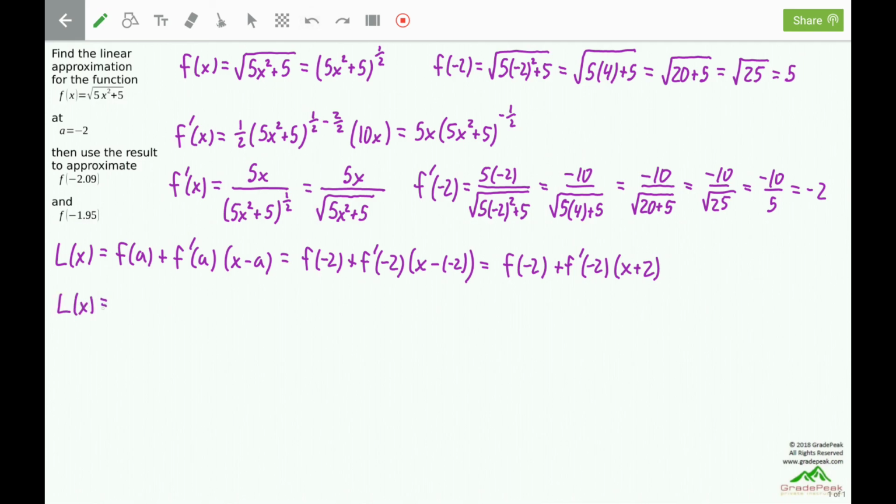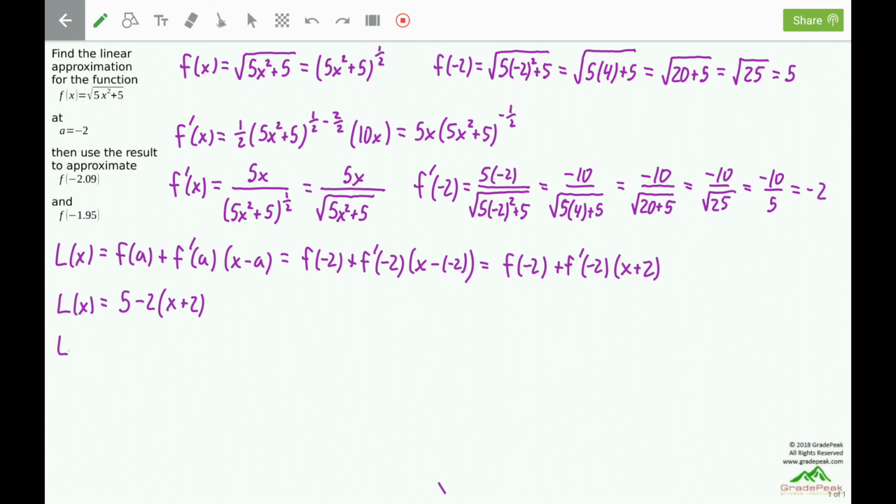So L of x is now equal to f of negative 2, which is a 5, plus f prime of negative 2, which is a negative 2, times x plus 2.